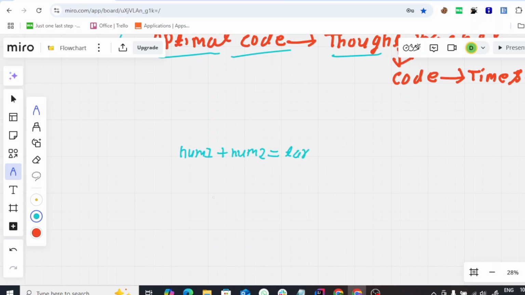This is the equation that we are asking.